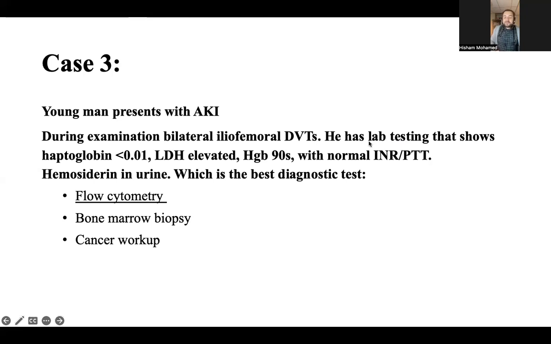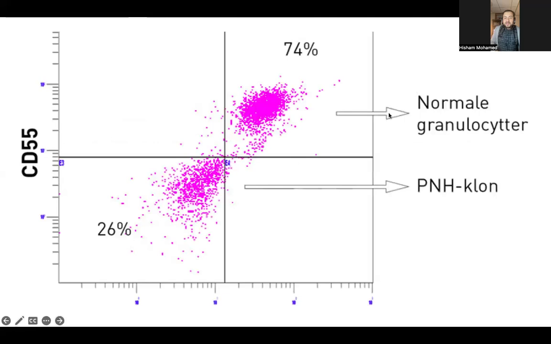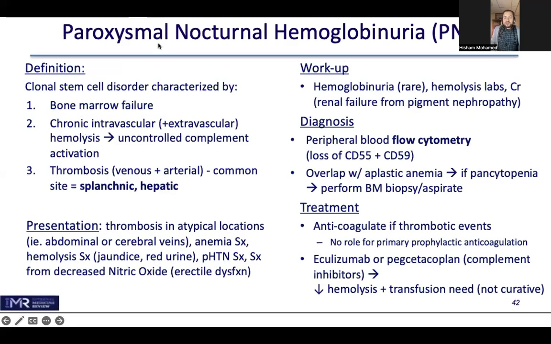How can you investigate PNH? I can start with flow cytometry, searching for CD, or cluster differentiation. As you see here, deficiency in PNH, CD55. Paroxysmal nocturnal hemoglobinuria is a clonal stem cell disorder, with bone marrow failure.